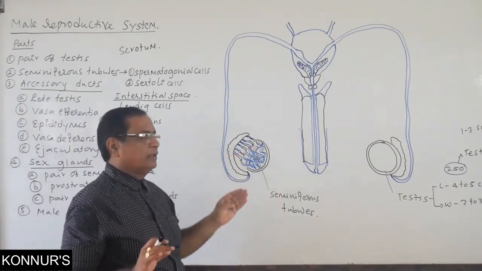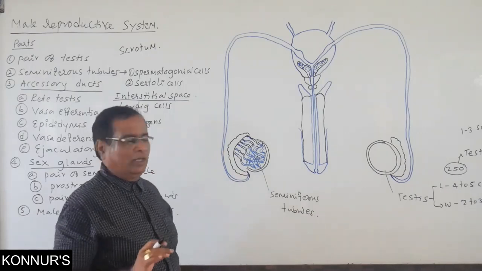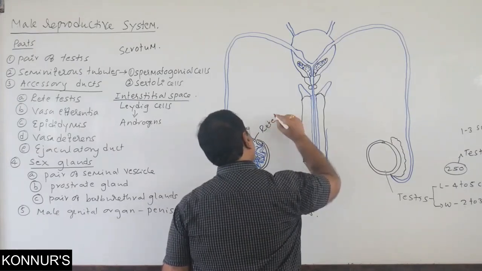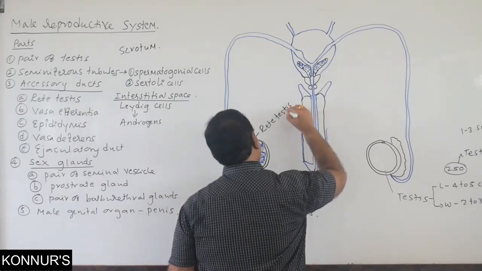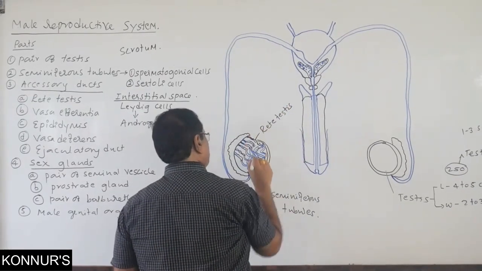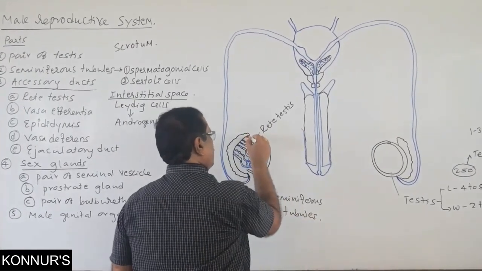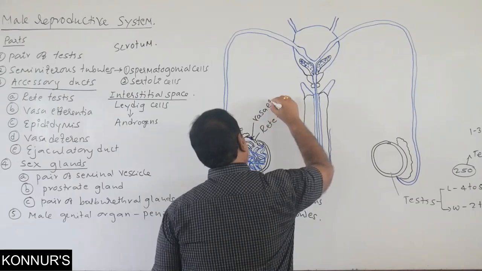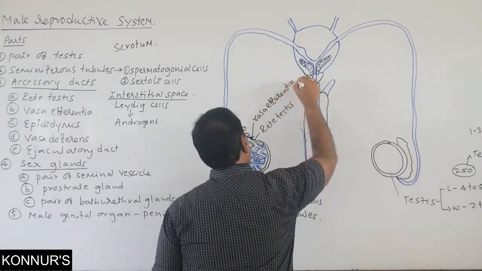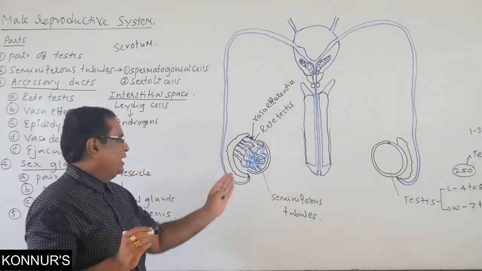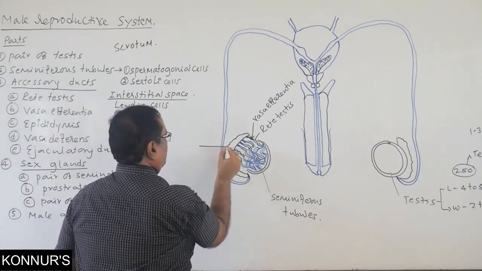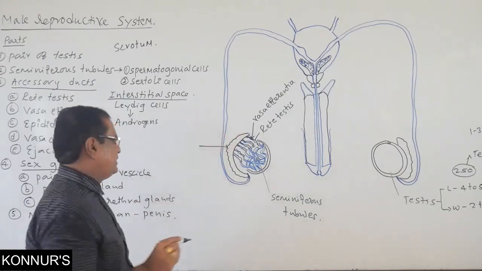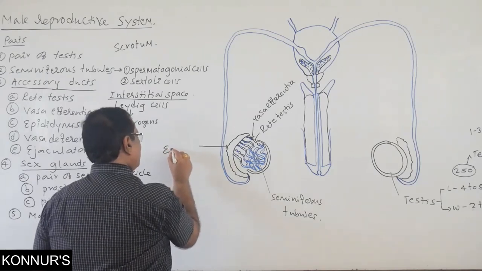From the seminiferous tubules, they pass through the rete testis, and from these minute tubes, the rete testis, they join the vasa efferentia, and all these vasa efferentia join a comma-shaped outgrowth on the surface of the testis, that is the epididymis.